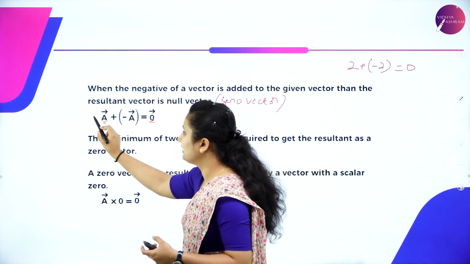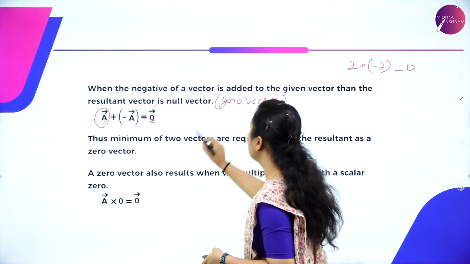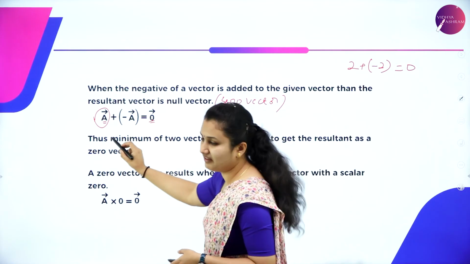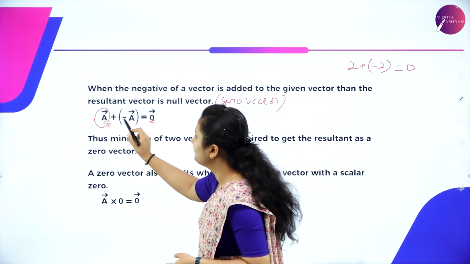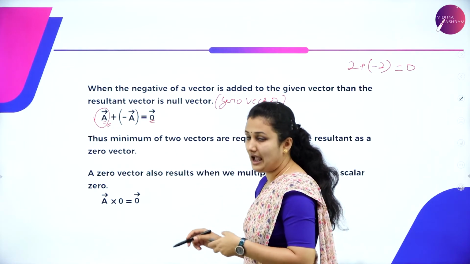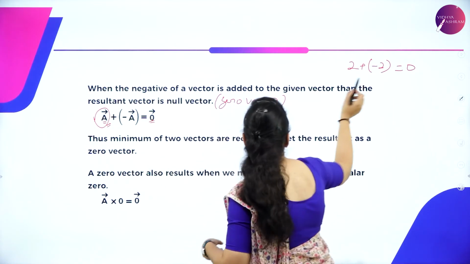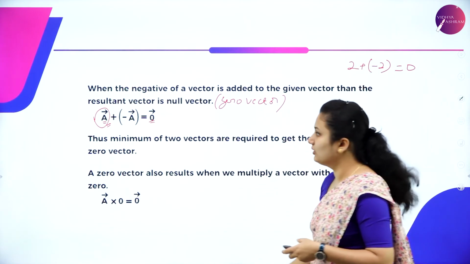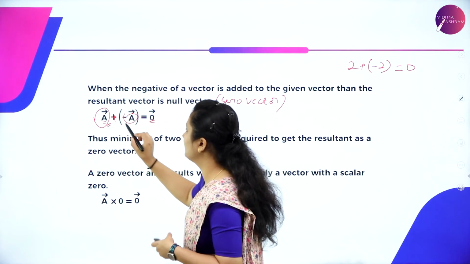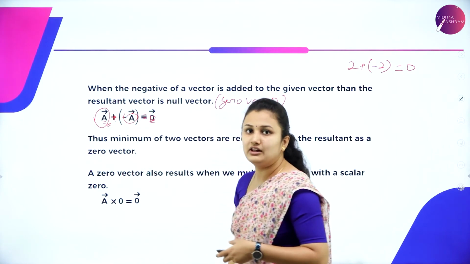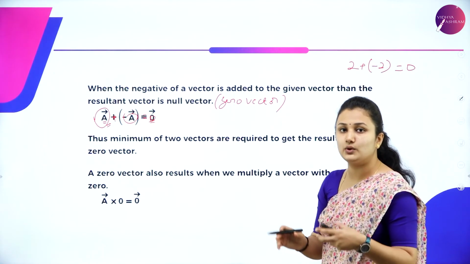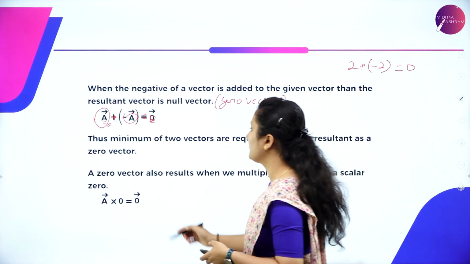So consider a vector A. A negative vector is added to the given vector A, like -2 is added to +2. Negative vector A is added to vector A. That will give you a null vector or a zero vector, which means it has zero magnitude and its direction is arbitrary.